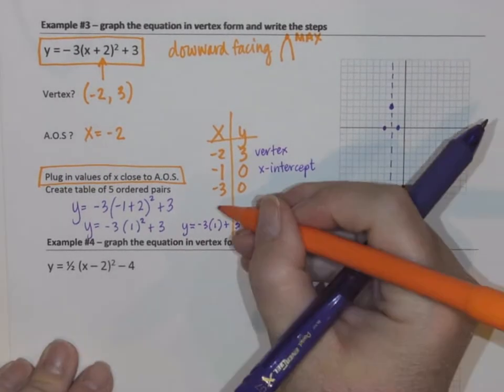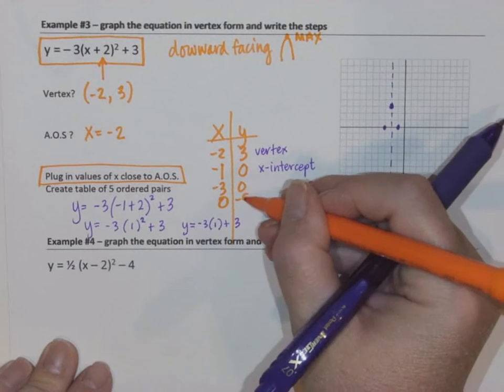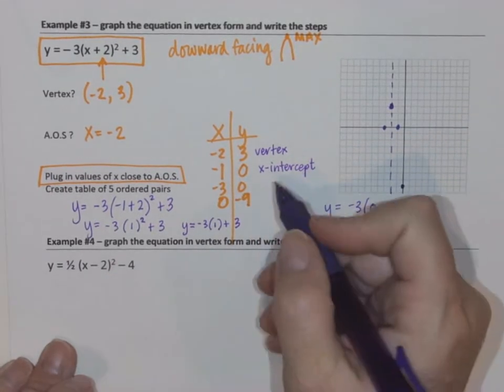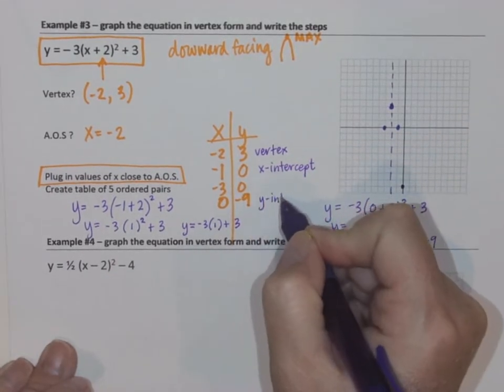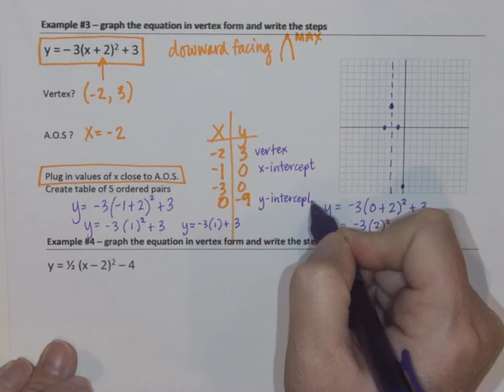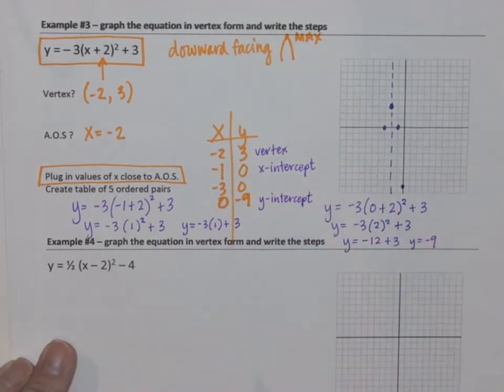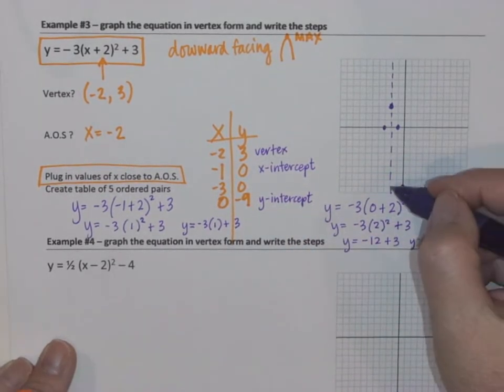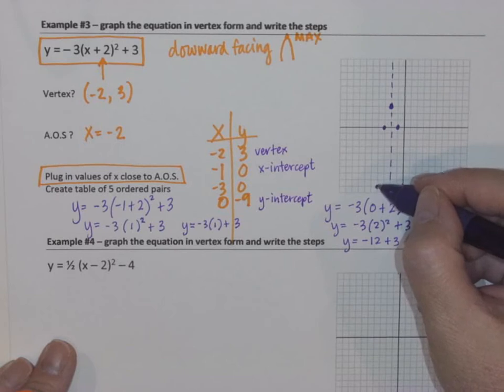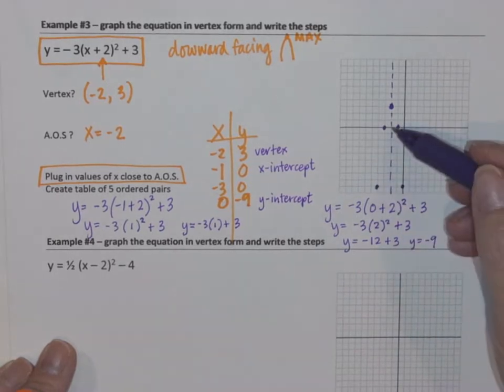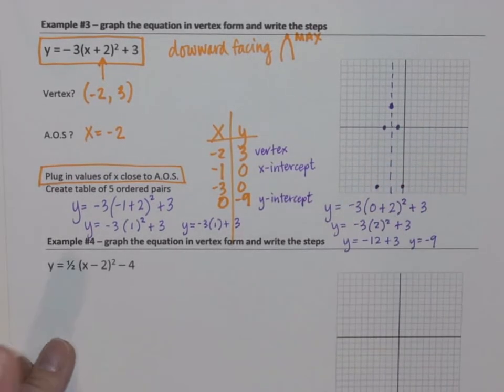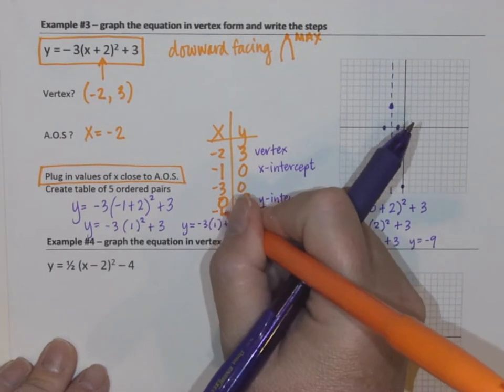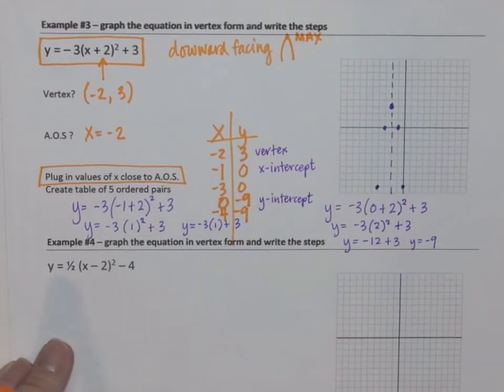Okay, so when x is 0, my y value is negative 9. So that's another place we could say, well, that's the y-intercept, right? That's where the graph crosses the y-axis. And then, of course, I can plot on the other side of the axis of symmetry. So that is negative 4, negative 9.